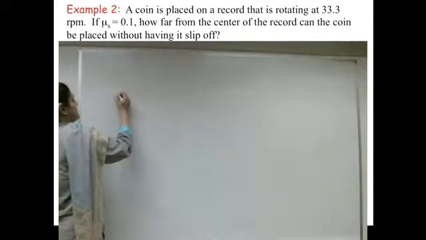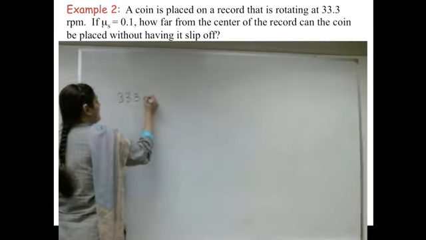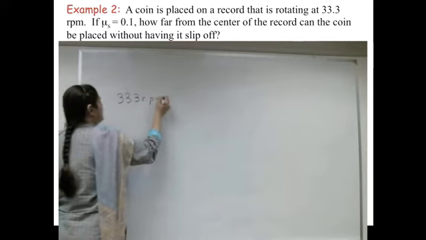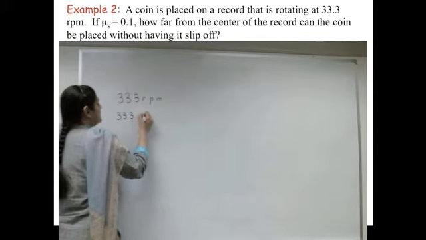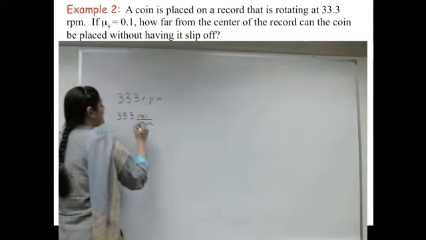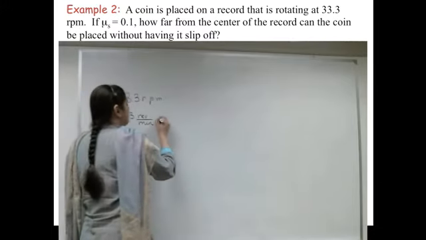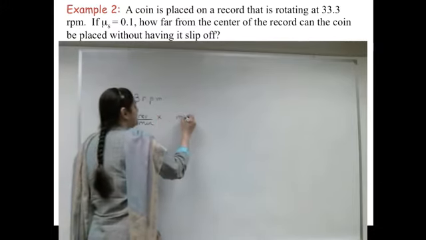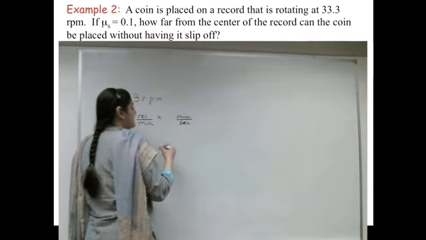Okay, so we're going to have 33.3 RPMs, right? So it's 33.3 revolutions per minute. And I have to convert it to radians per second, right? So that means I have to multiply it with minutes over seconds, because I want the seconds at the bottom.